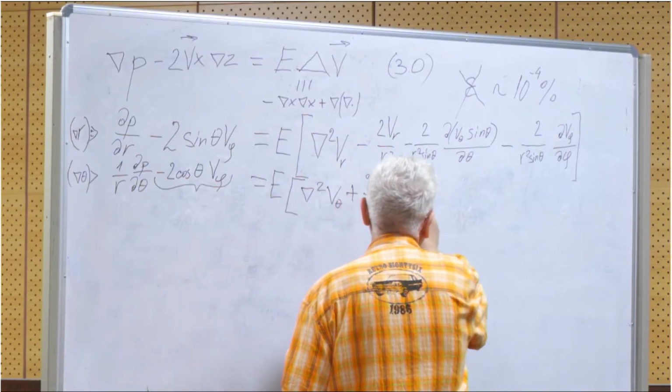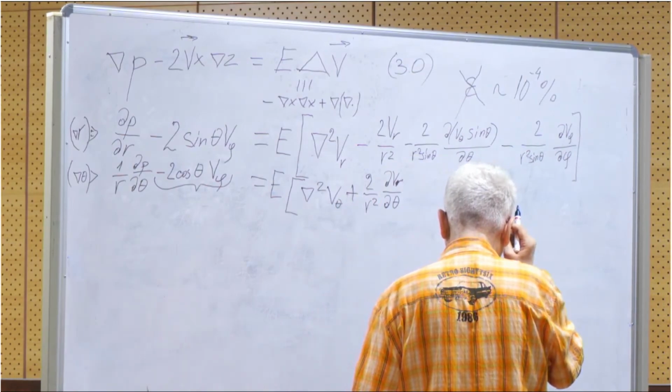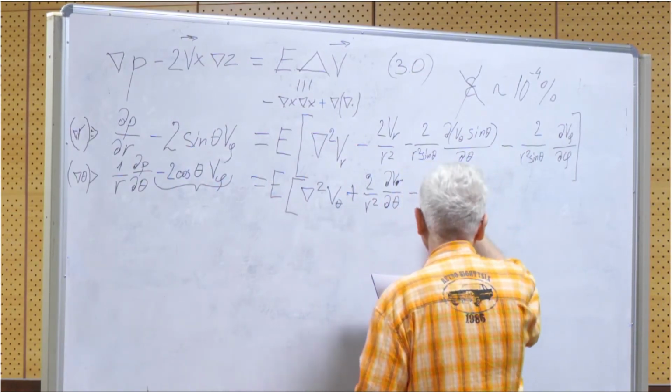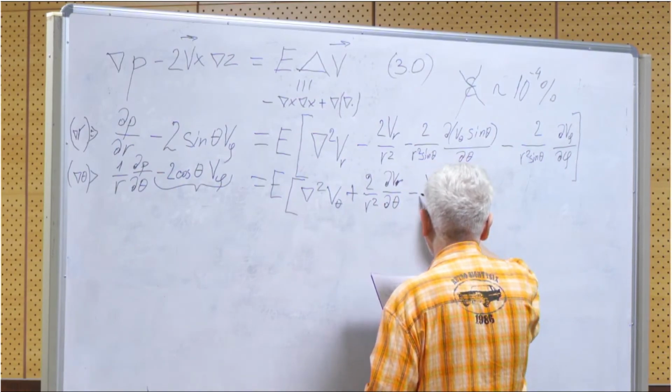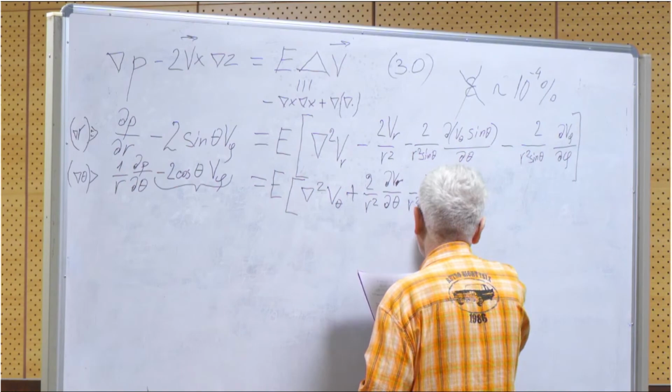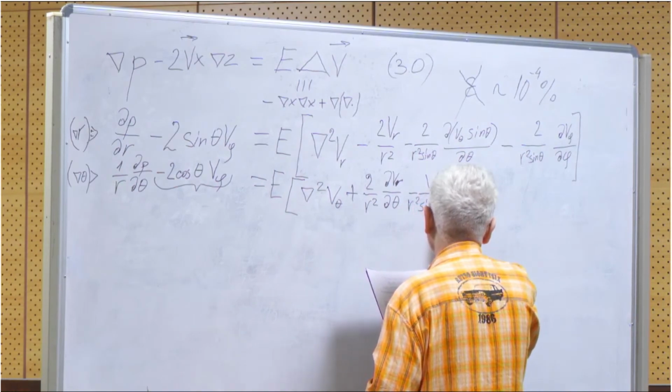But nevertheless, we have the theta component. It's sort of a mixture. Then we again have the theta component like that, divided by r squared sine theta squared.